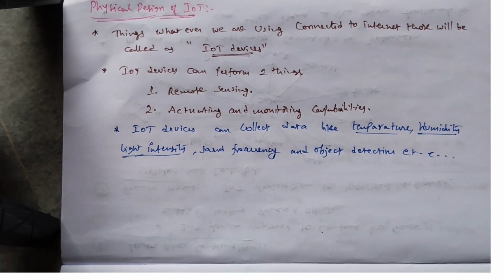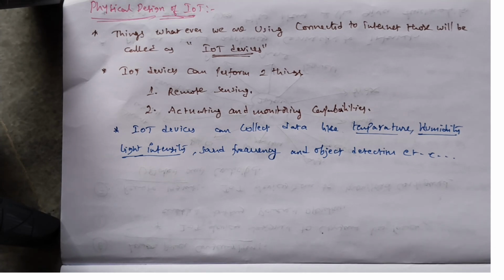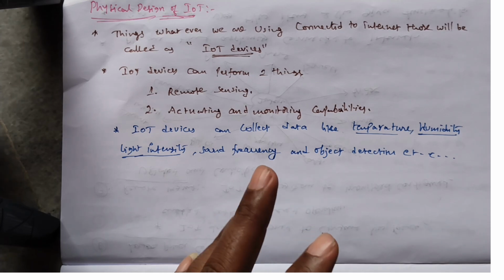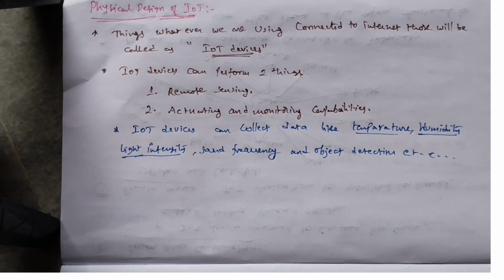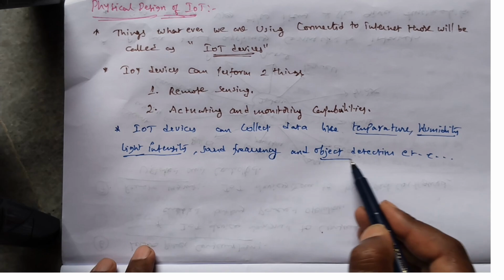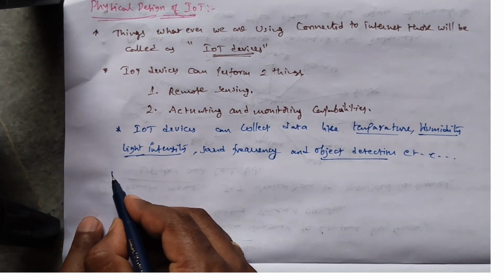Okay, for example, when you are moving in a car, that car contains an object detection sensor. When any person comes in front of your car, the car will send a signal to push the brake button. That is called an object detection sensor.